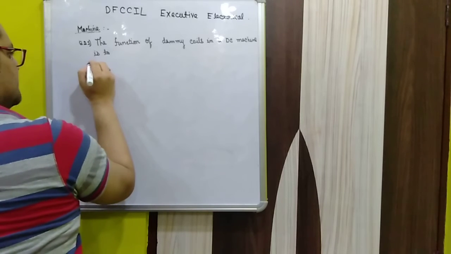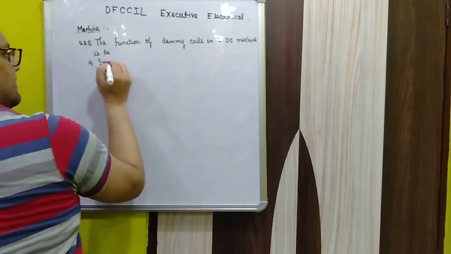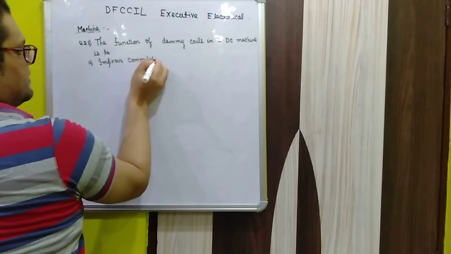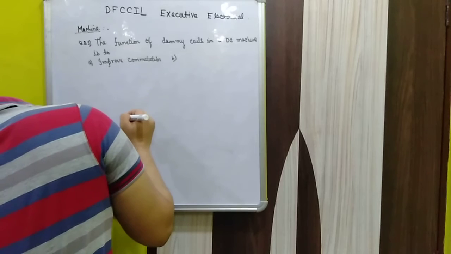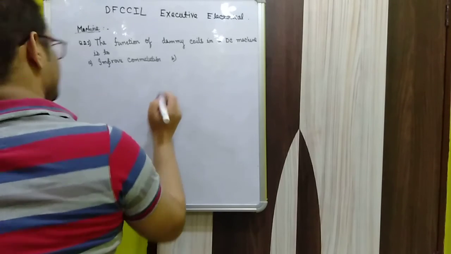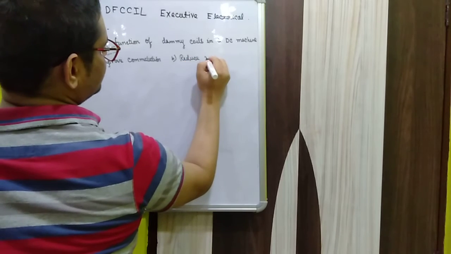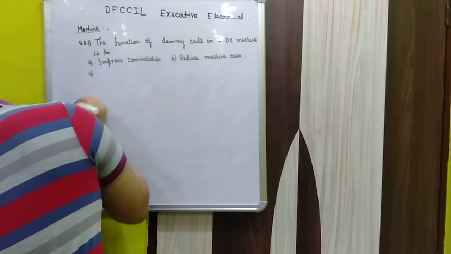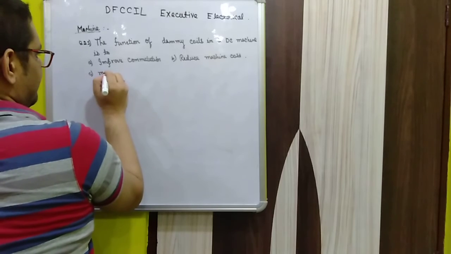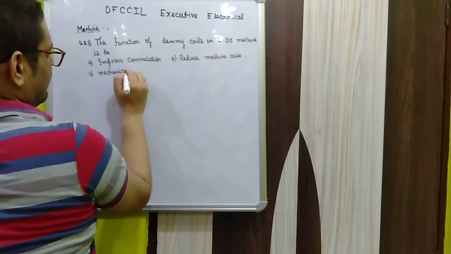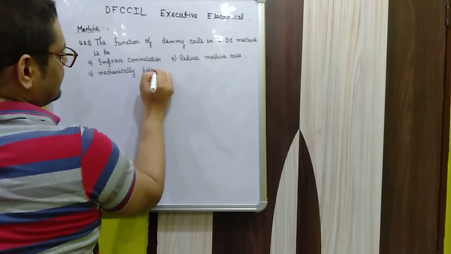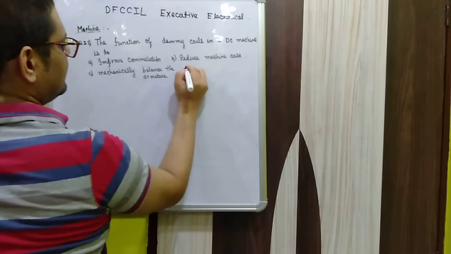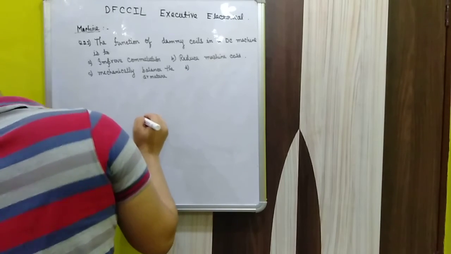The options given are: option A, improve commutation; option B, reduce machine cost; option C, mechanically balance the armature; and option D, increase efficiency.